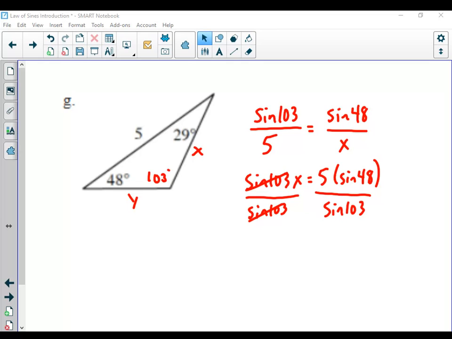Sometimes to avoid that mistake, what I'll do is I'll do 5 times the sine of 48. I'll hit enter before I do my division. I'll do that, and I'll divide by the sine of 103. But in either case, I should get that same answer.